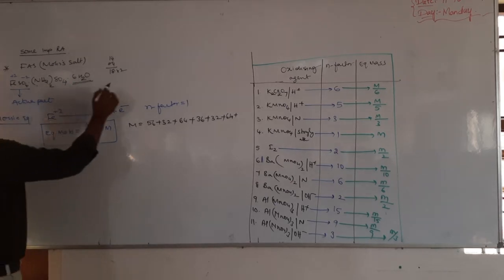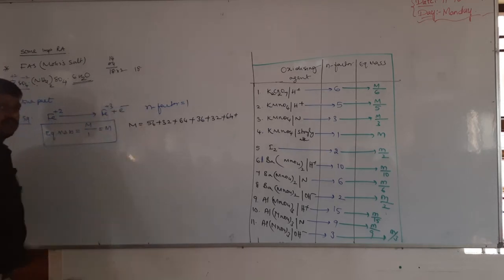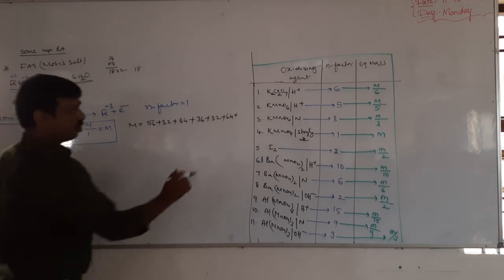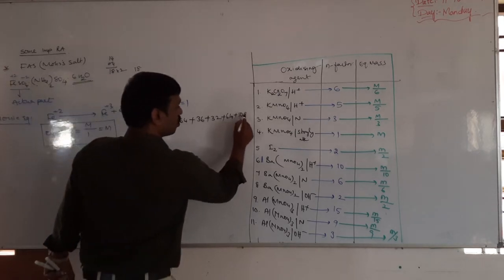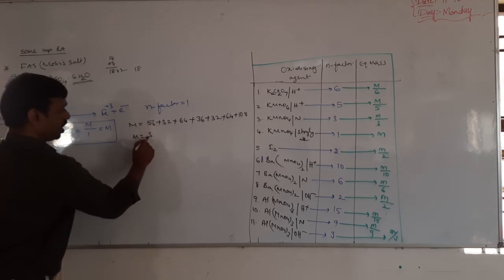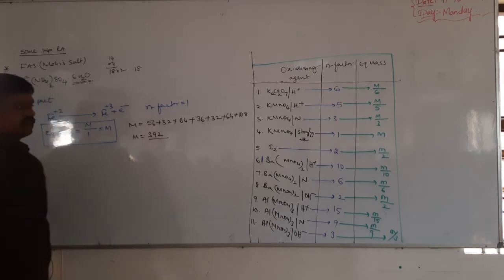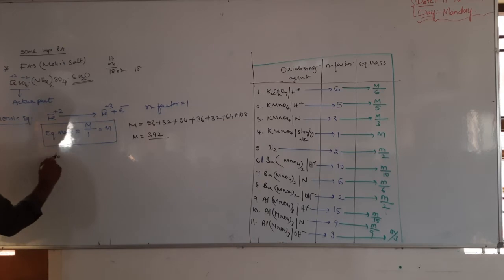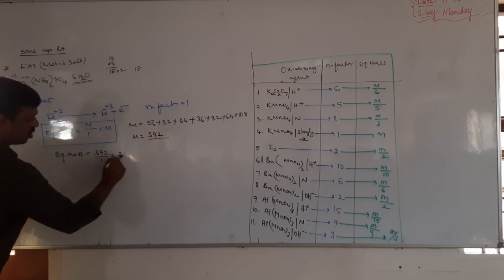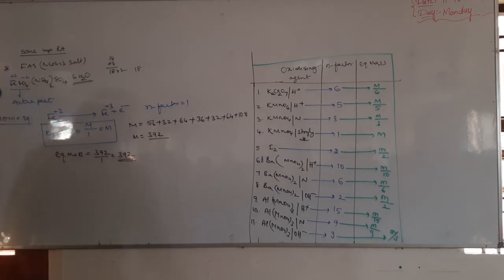Therefore, we know that 1 water molecule is 18. So therefore, 6 into 18, 108. So therefore, 392. So therefore, the equivalent mass is equal to 392 by 1, that is 392. Answer.